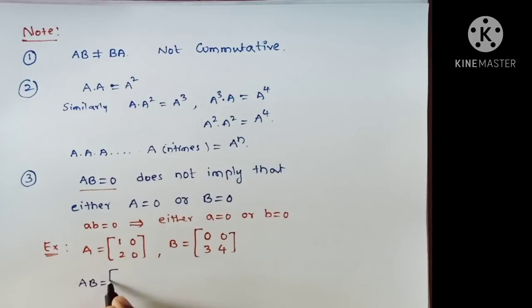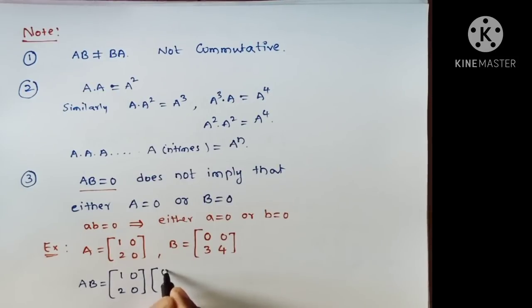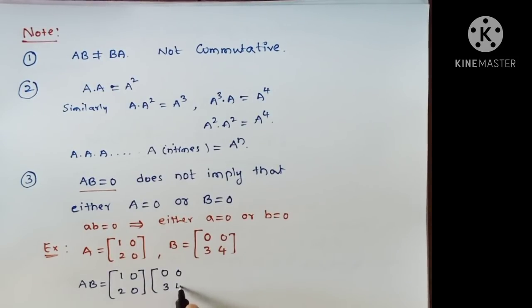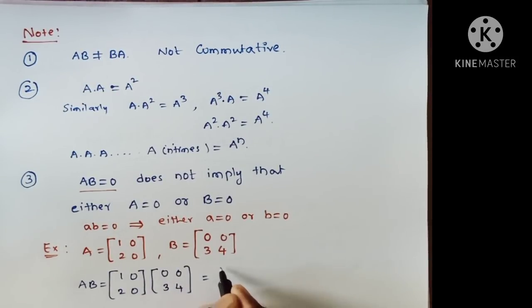See, A into B, 1, 0, 2, 0 into 0, 0, 3, 4, is a 2 by 2 matrix times a 2 by 2 matrix. Therefore multiplication is possible. Again the resultant matrix is of order 2 by 2 only.